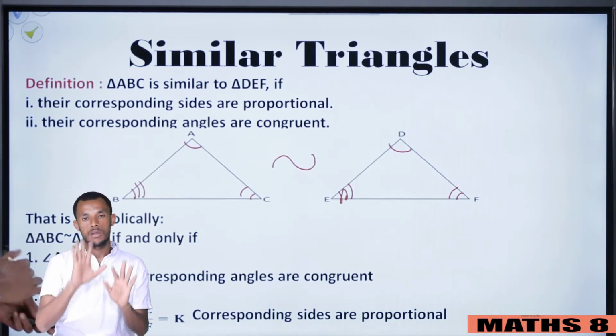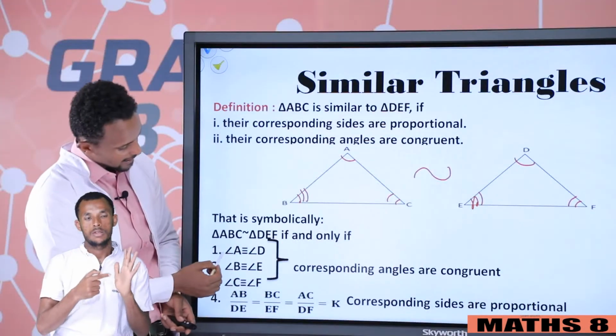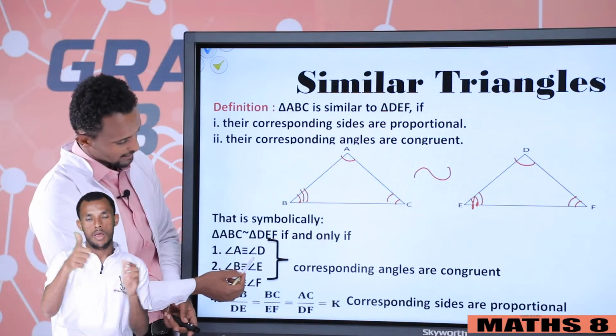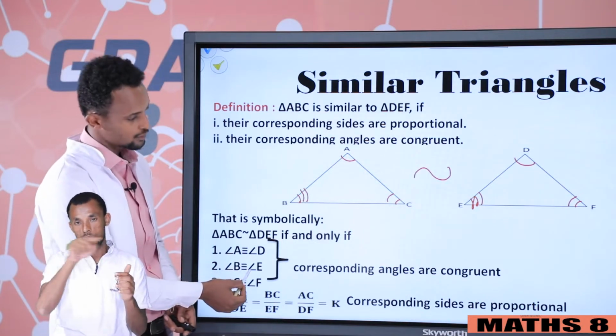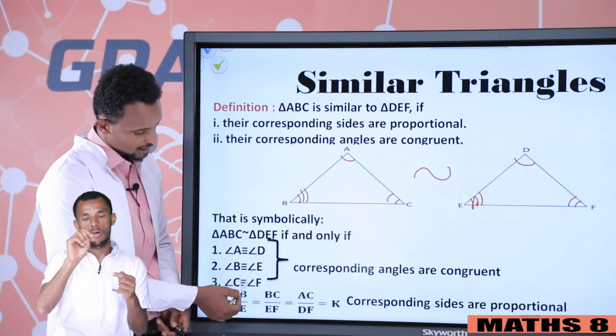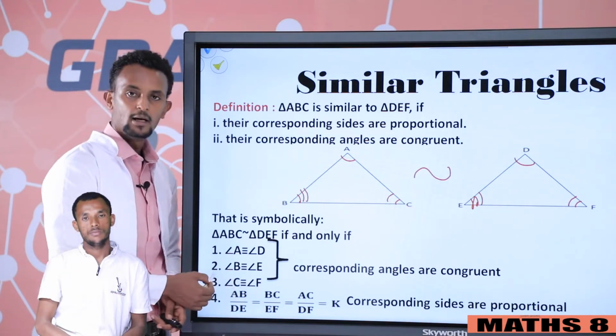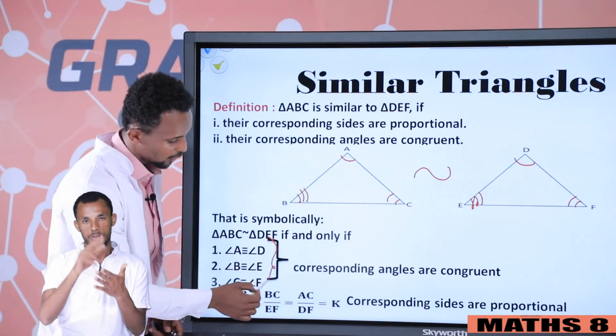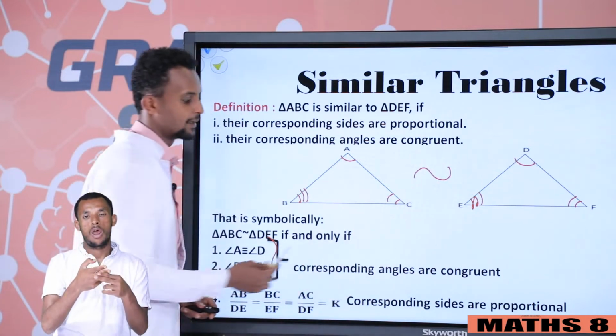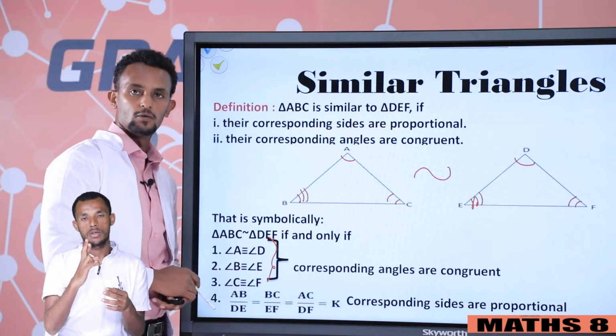Let's define it symbolically. Angle A has to be congruent to angle D, angle B congruent to angle E, angle C congruent to angle F. These three are called corresponding angles are congruent.